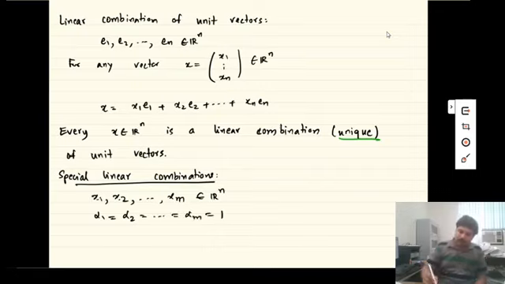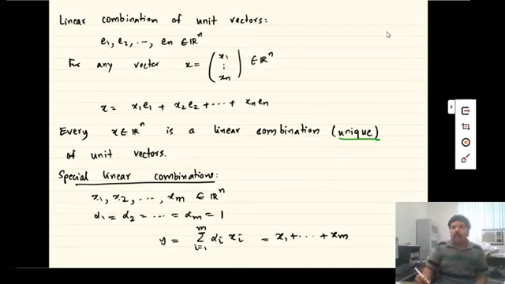Then what is this linear combination y, which is nothing but the sum of alpha i xi, i going from 1 to m? This is nothing but x1 plus x2 plus xm. So addition of vectors basically is a special linear combination where scalars are equal to 1.